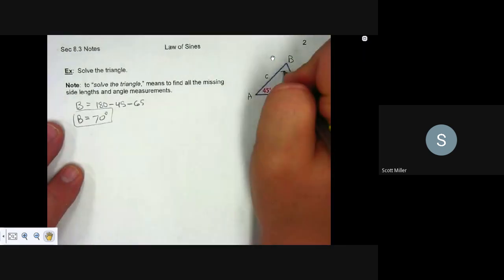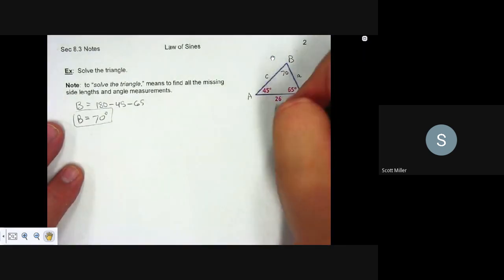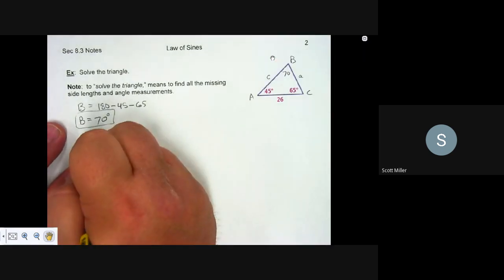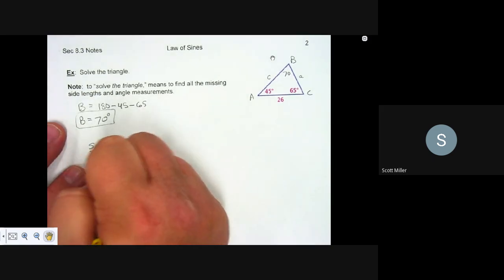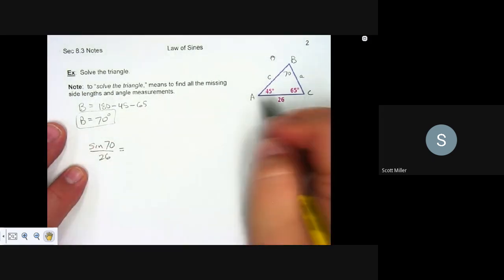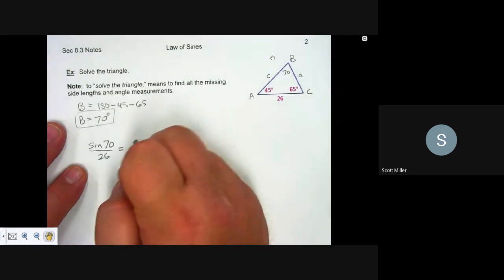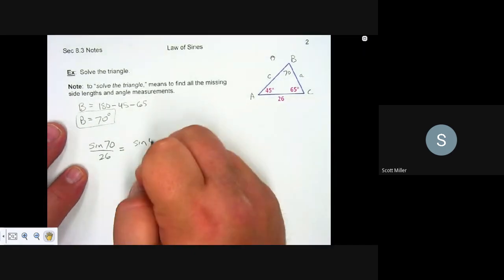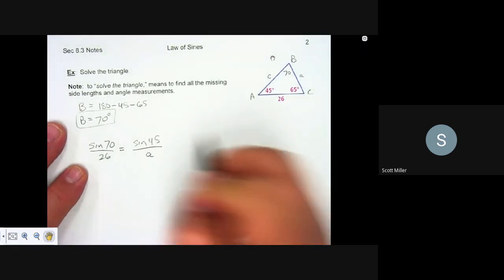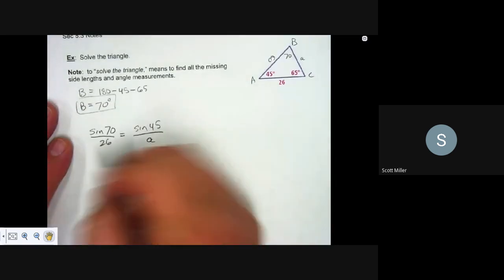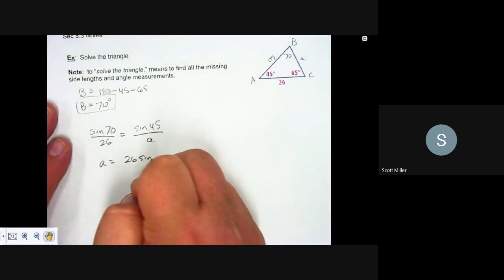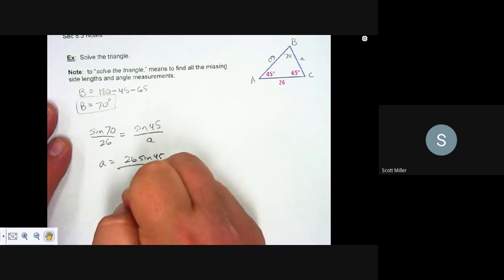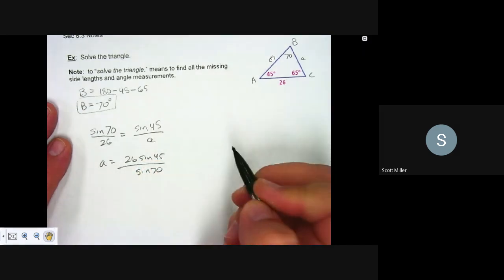Because this is now 70, I have a complete ratio. And so I can do the sine of 70 degrees over 26 is equal to, and then I can just pick one of these other ones, the sine of 45 over A. You cross multiply and solve for A: A is 26 times the sine of 45 degrees divided by the sine of 70 degrees.